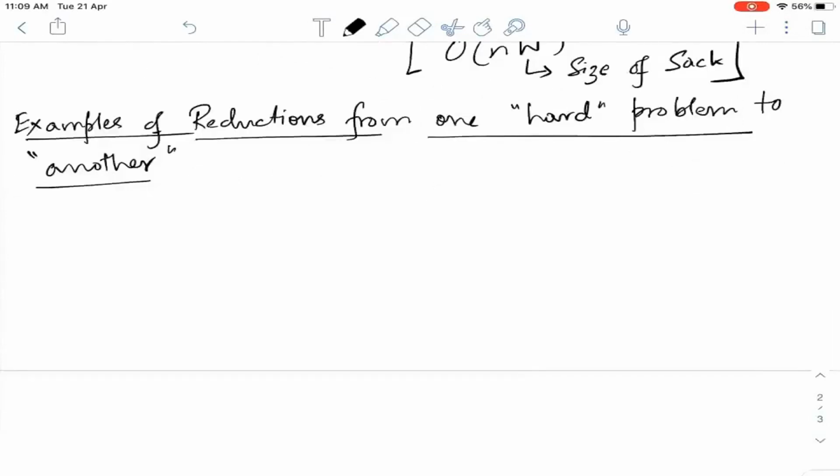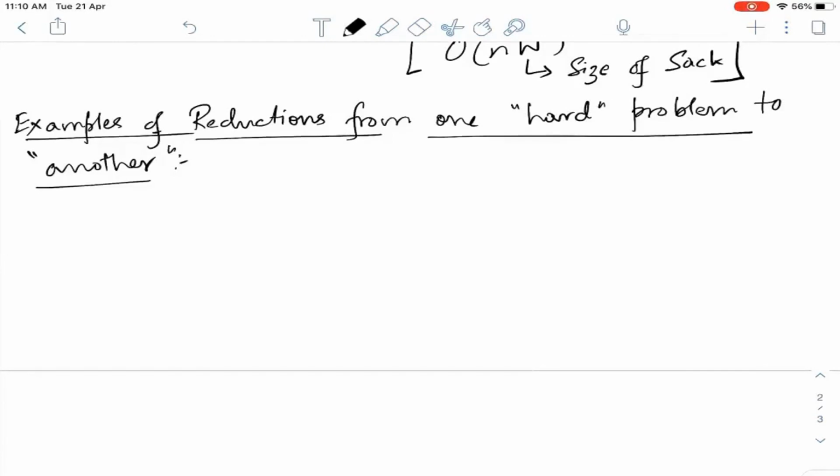Remember again, when I'm talking about hard problems, I have not formalized the notion of what a hard problem is. For now, hard for us just means that we don't know an efficient algorithm to solve these problems. That's it. Let me start by giving you the names of some problems, and we'll be talking about some of them in these lectures.